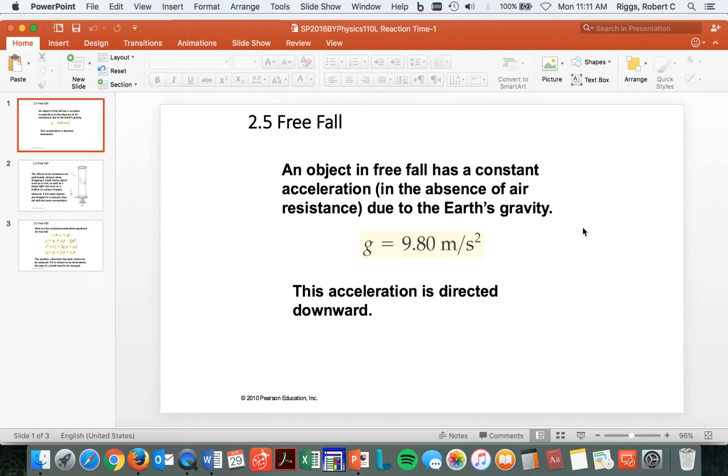Those of you who've never taken physics before might be going, what the heck is an acceleration, and what does he mean by it's going downward, and all of that kind of stuff. Here's what we mean by this.